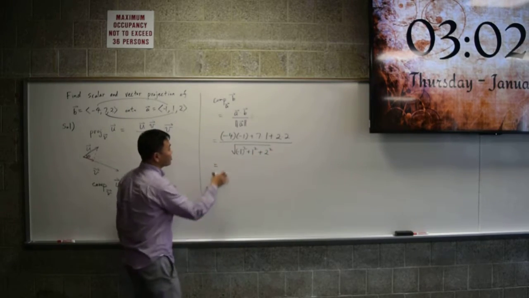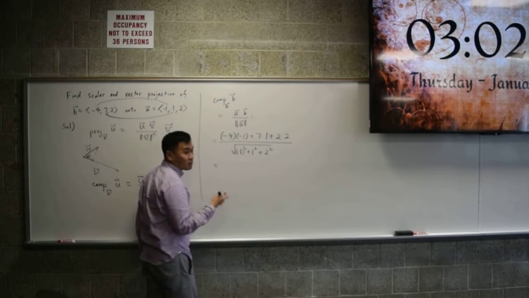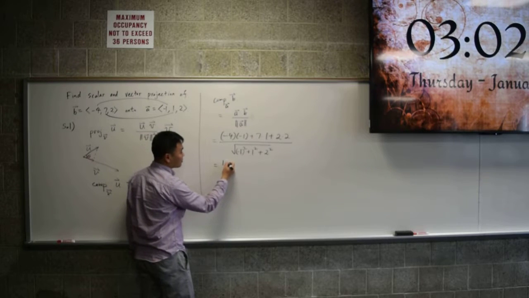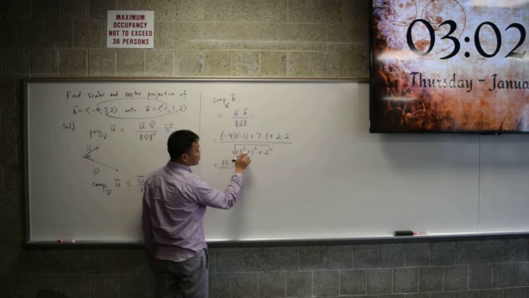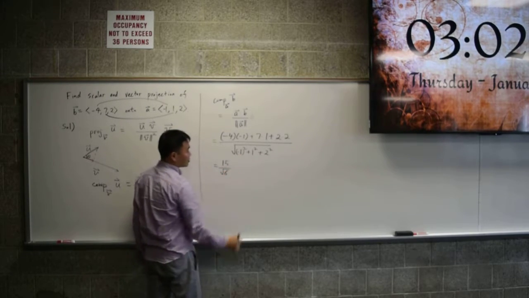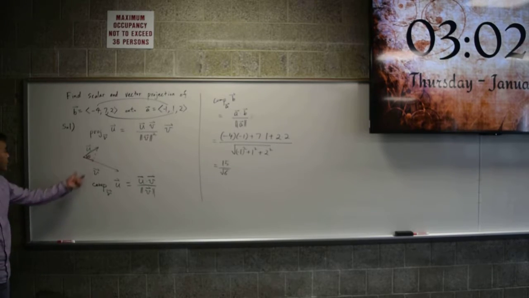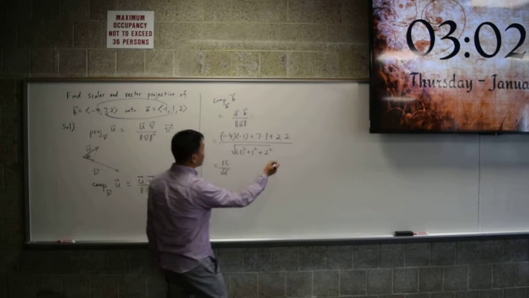Let's continue on. 4 plus 7 is 11. 11 plus 4 is 15. So you get 15 on the top. 1 plus 1 plus 4 gives you 6, so it's square root of 6 on the bottom. Okay. So that's the component. That's this length here.